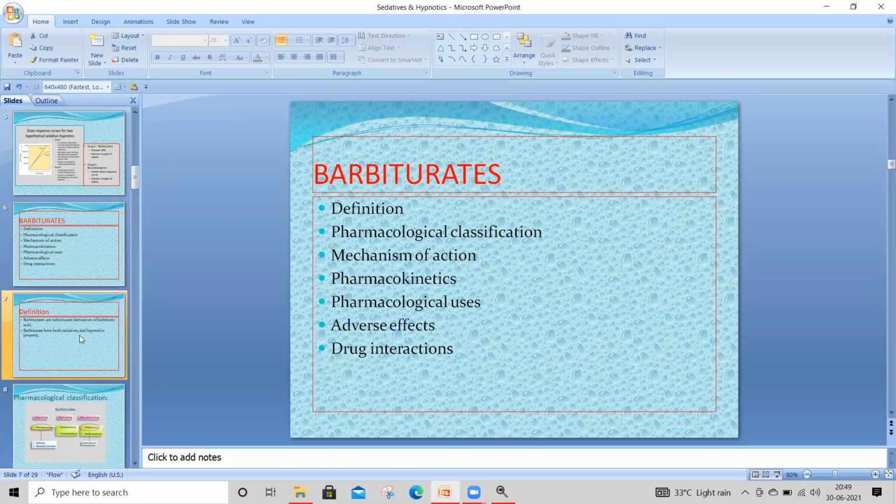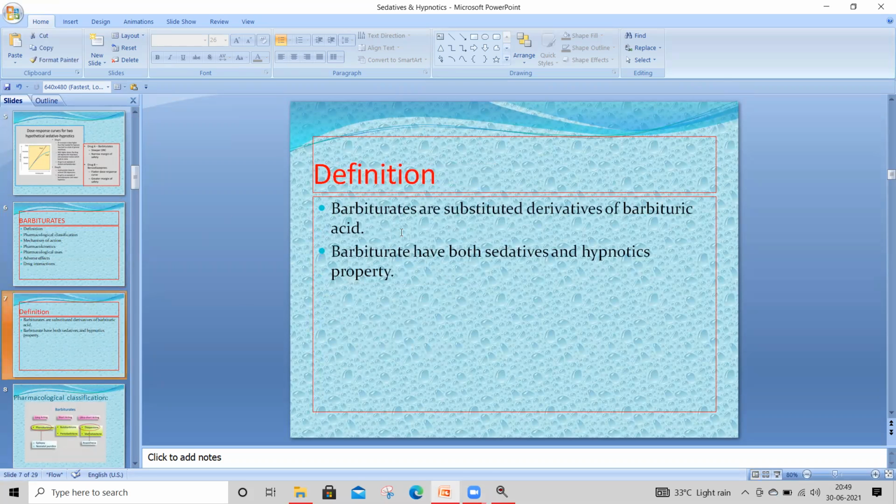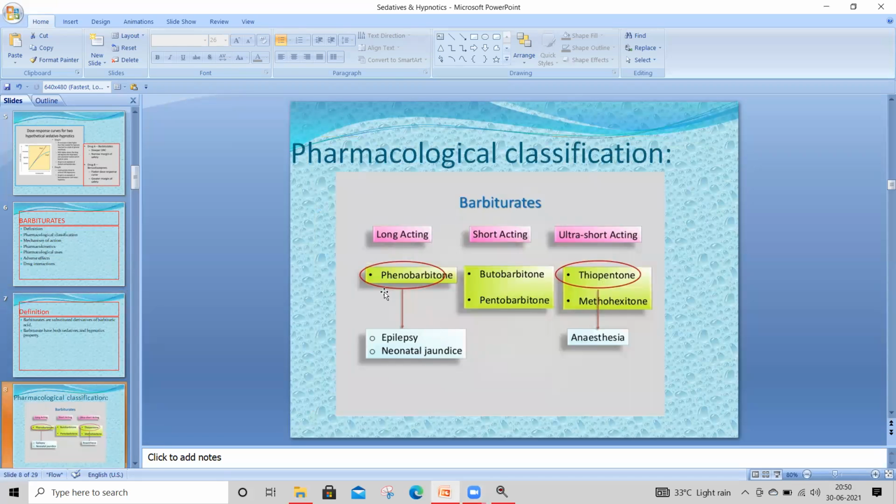Next you have to know the definition of barbiturate. Barbiturate is a substituted derivative of barbituric acid, and it has both sedative and hypnotic activity. Then you have to know the pharmacological classification of barbiturate, and this is important.